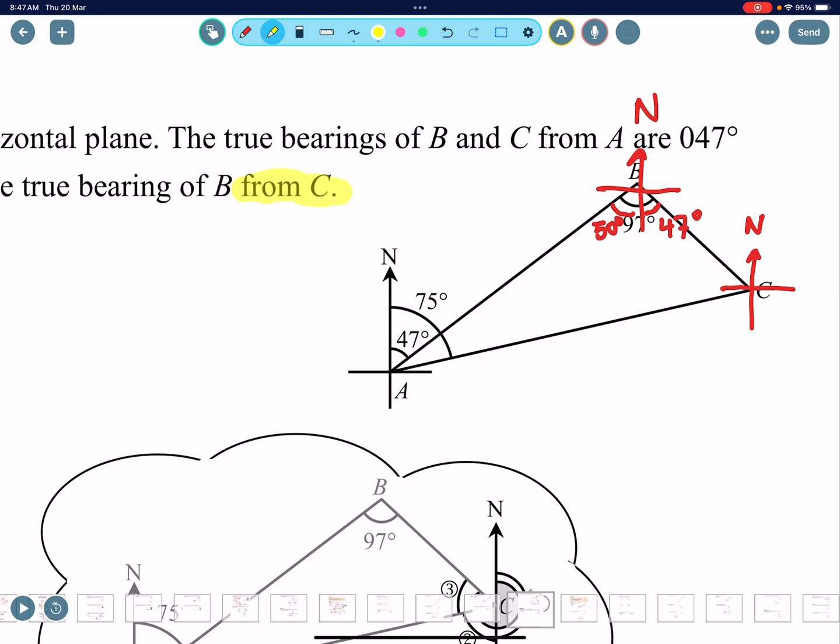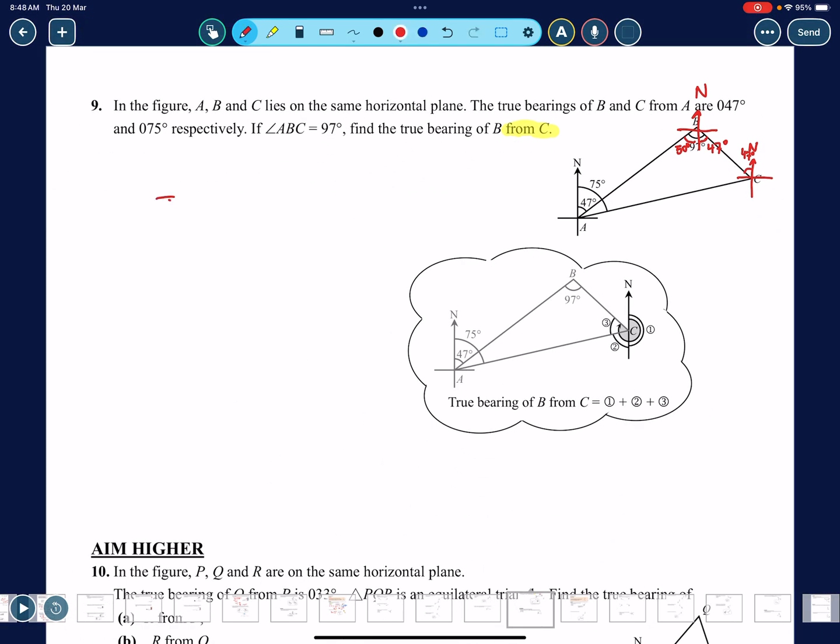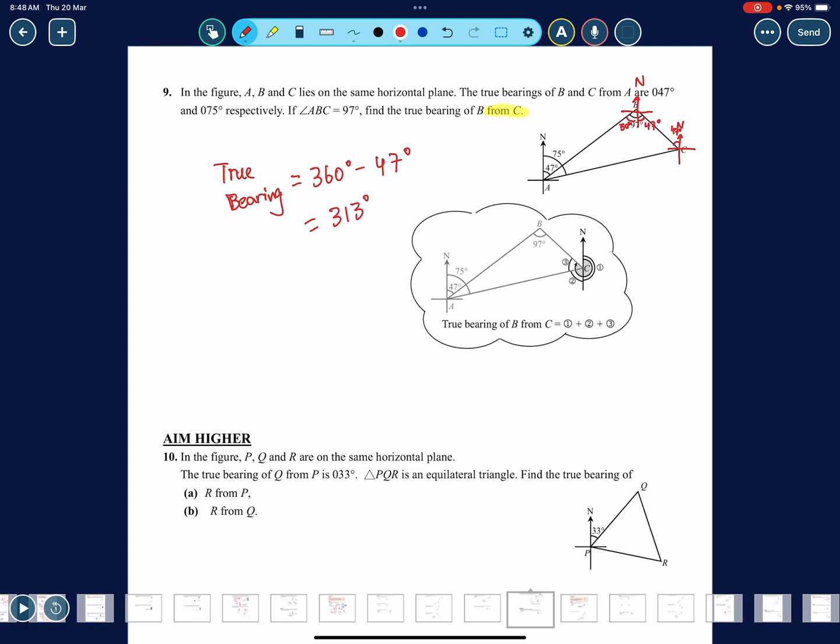So now if you try to move this one like that, then 47 can also be transferred to here, right? So I think that's all we need, to be honest. If we get that one, we can actually find the other side of it by just doing 360 minus 47. So the true bearing is 360 degrees minus 47 degrees, 313 degrees. Now I'm not sure if I'm correct, but let's see.